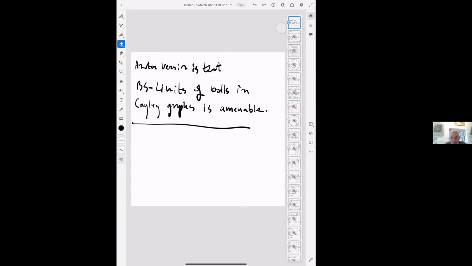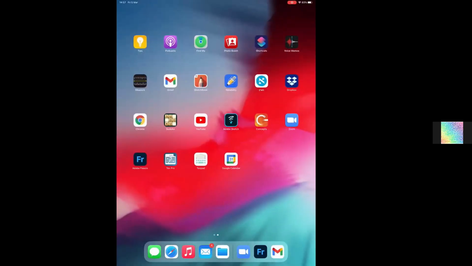I was just going to say that generally the Martin boundary is much harder to understand than the Poisson boundary. So trying to do that as some kind of reduction doesn't seem like a good idea.